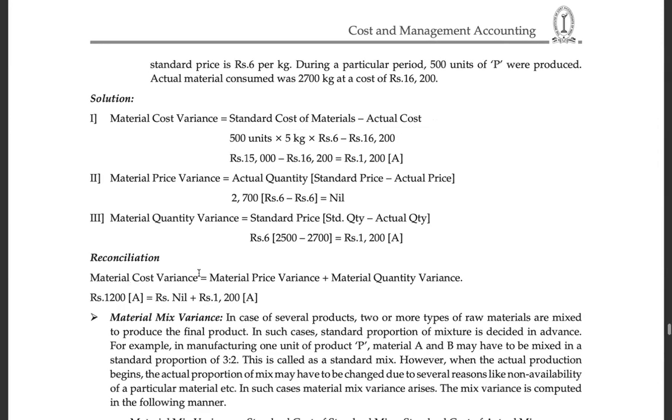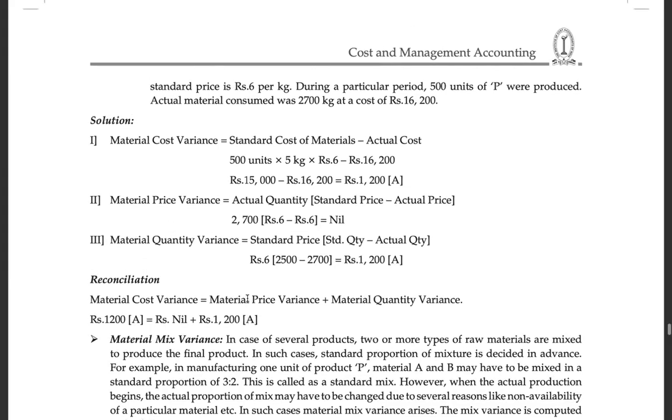Material cost variance is equal to material price variance plus material quantity variance. That is 0 plus adverse 1200. So the net result is adverse 1200.